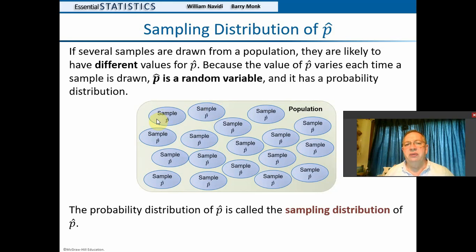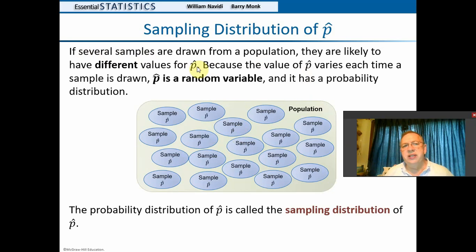If I grabbed different samples, each P hat would probably be a different proportion by a small percentage. The population proportion is fixed. If we knew all the data, we would know P. The P hats, though, are going to be different, so I may call them P hat 1, P hat 2, P hat 3, just like we did before with the sample means X bar 1, X bar 2.